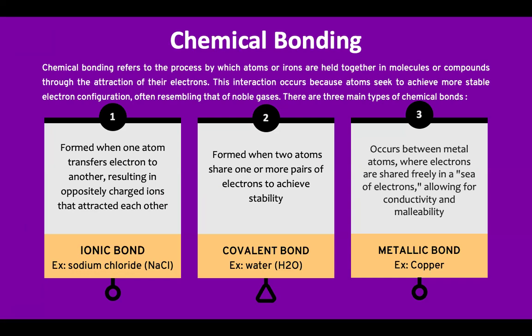Ionic bond, which is formed when an atom transfers electrons to another, resulting in oppositely charged ions that attract each other. Covalent bond is formed when two atoms share one or more pairs of electrons to achieve stability. And metallic bond occurs between metal atoms where electrons are shared freely in a sea of electrons, allowing for conductivity and malleability.